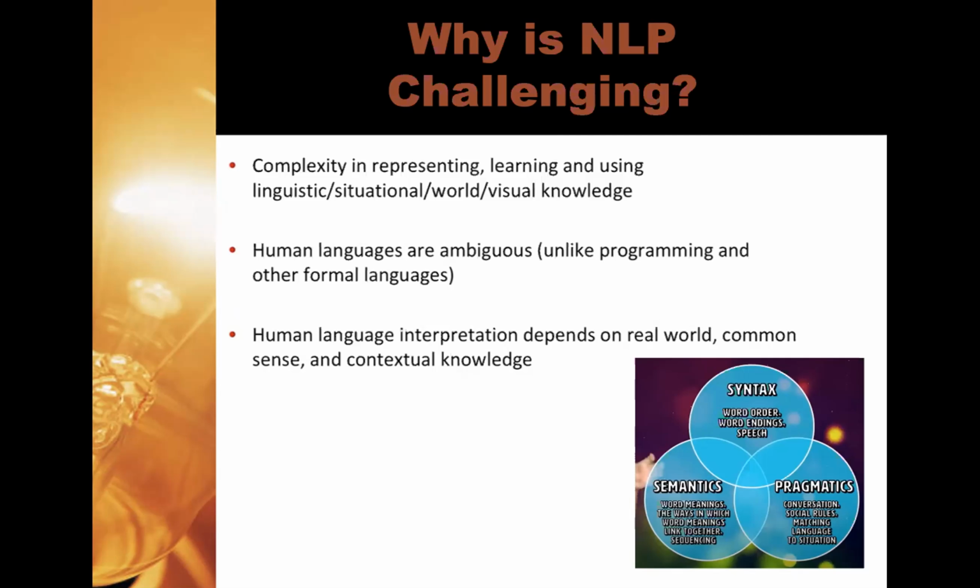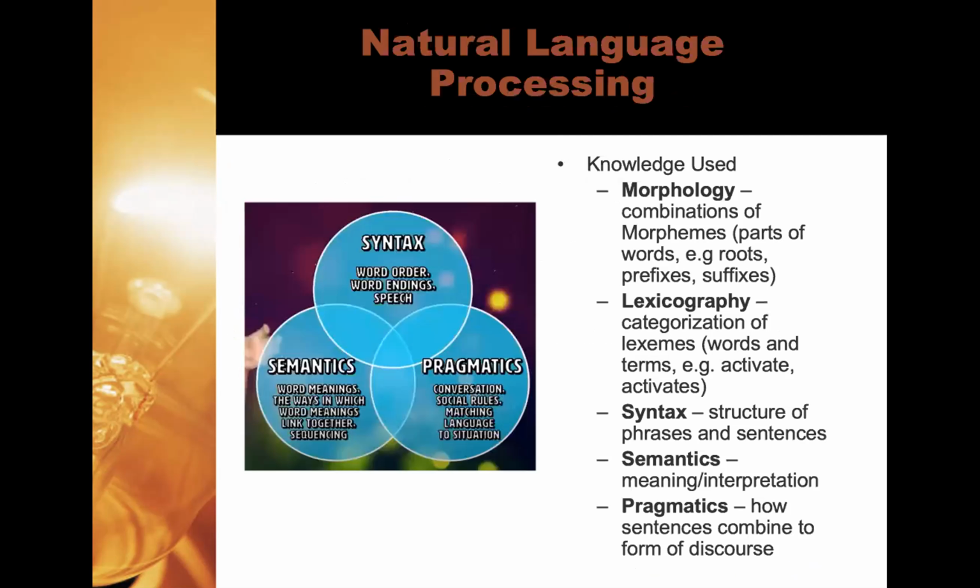So that's part of the complexity. Having to break down and translate that syntax, morphology, semantics and pragmatics, and I'm not an English major, so I'm not going to try to explain all of that, definitions are here, is part of the challenge faced with artificial intelligence and machine learning. Getting the word order in place, getting the meanings accurately translated, and the social rules that a computer has to know how to follow.